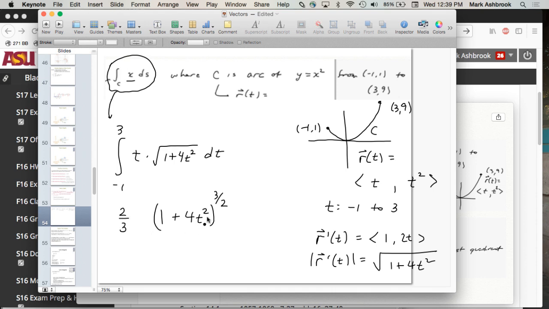We're also going to need, imagine taking the derivative of this, it'd be 3/2 times that to the 1/2 times what? 8t. We only have t, so we'll need 1/8. And we're going to evaluate that from -1 to 3.